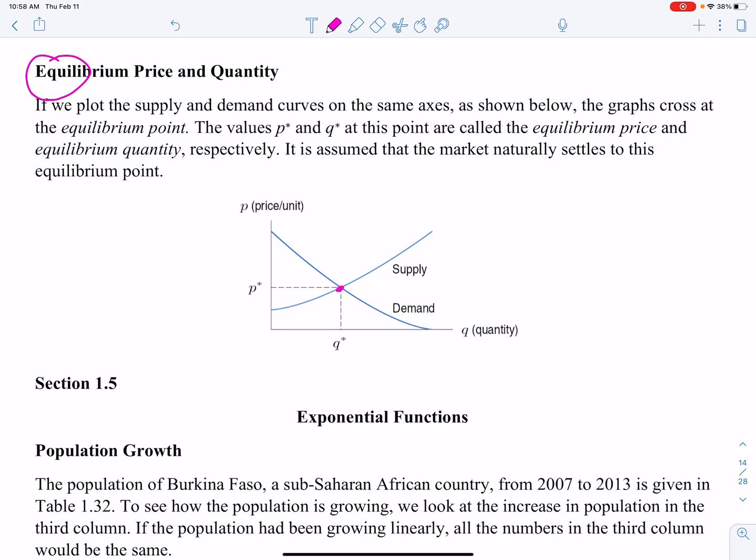It is assumed that the market naturally settles to this equilibrium point. If the manufacturer produces too many, then the demand goes down. Too many, everyone has one, nobody wants it. But as we see all the time, when there's less of that quantity out there, people want it more, and they're willing to pay more, of course.